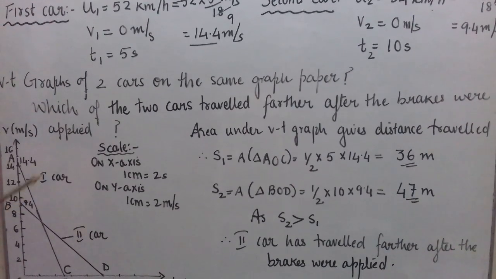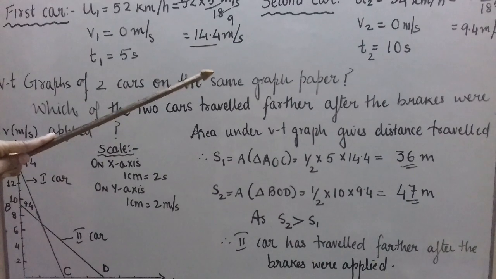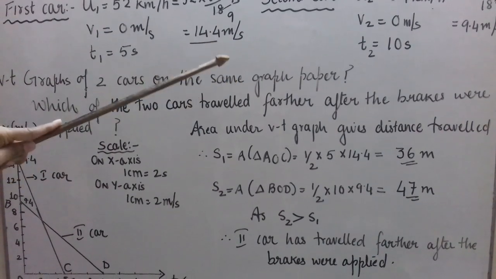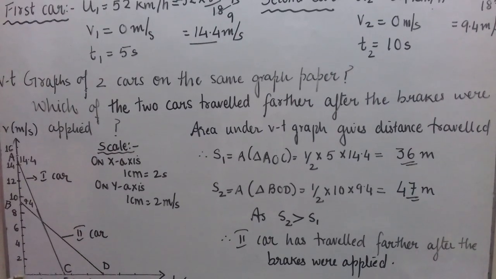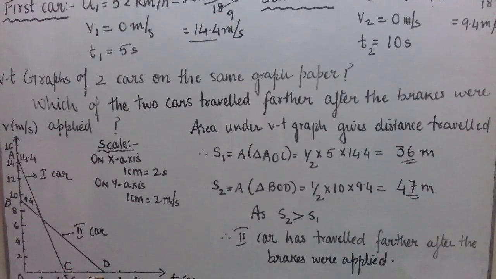This is 1 point. What is the second point? When time is 10 seconds, velocity is 0 meter per second. Where is time 10 seconds? Here.